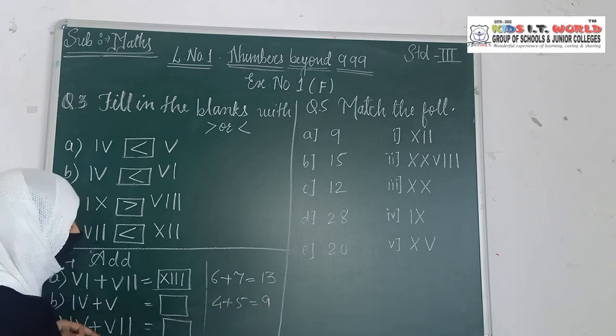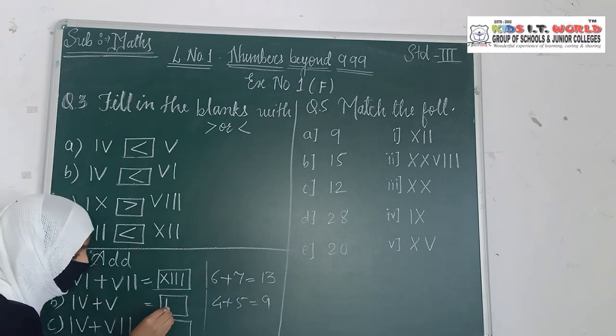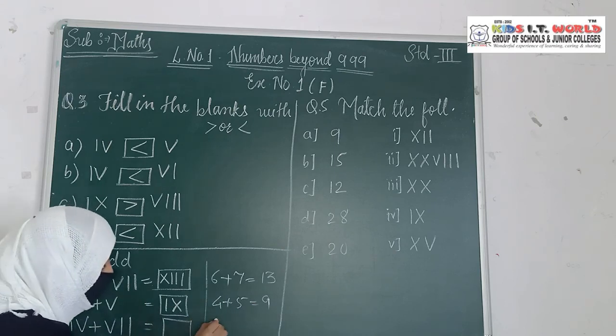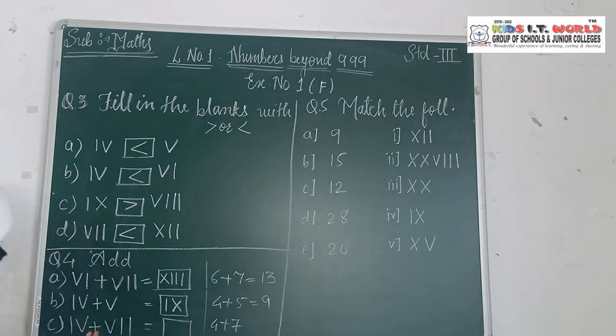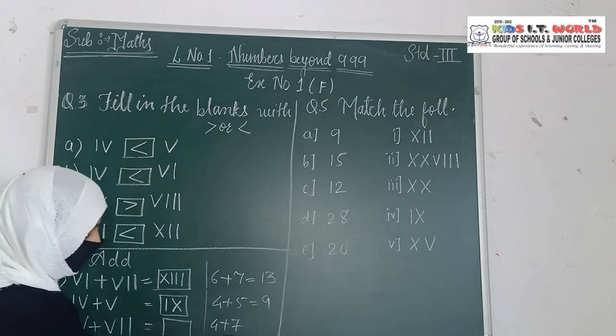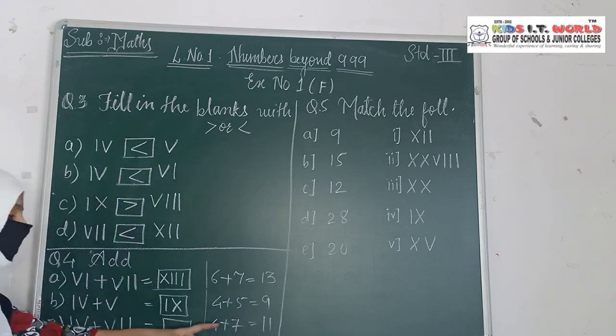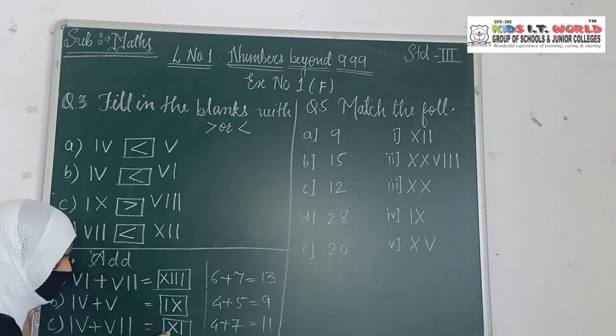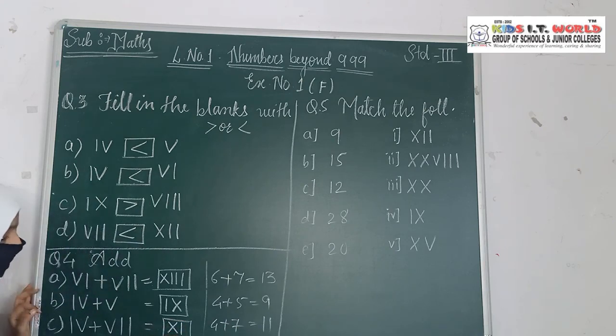It is 9. How will you write the 9? And X. This is 4 plus 7. So 4 plus 7 is 11. Now how will you write the 11? It will be X and I. This is 10 plus 1, 11. In this way, you have to add the Roman numerals.